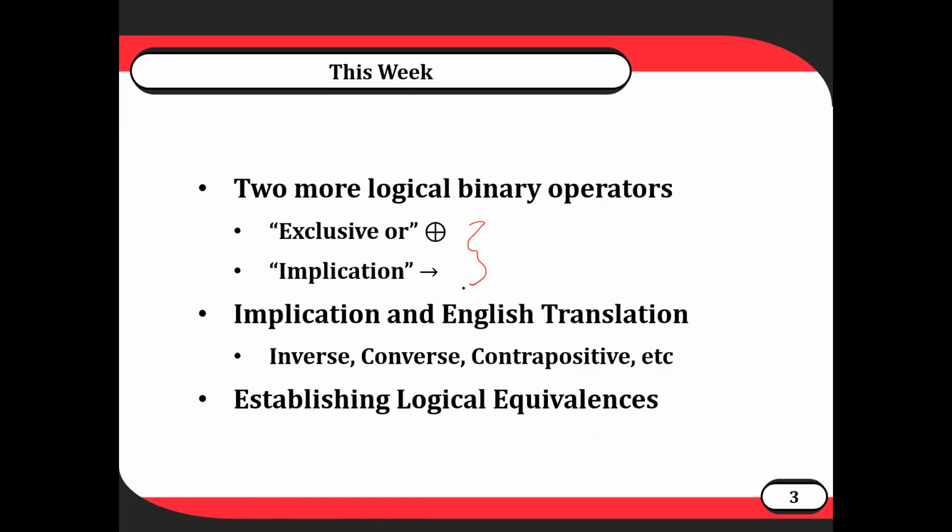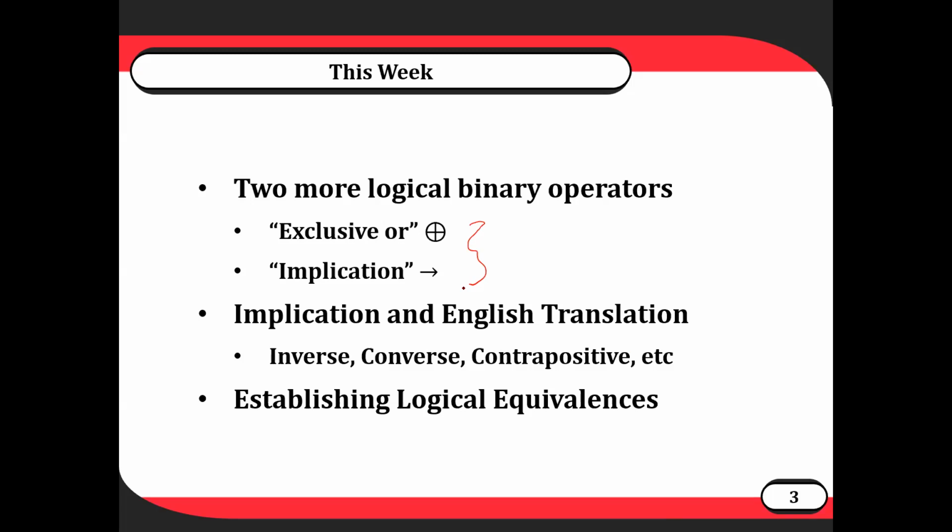The exclusive OR is somewhat simple. We're not going to spend too much time on it, but it is important to touch on. The implication is not that complicated in terms of logic. The truth table is as simple as any other truth table, since it's a binary operator.